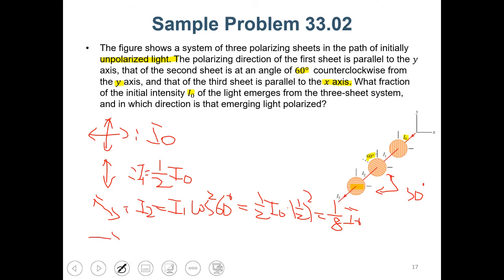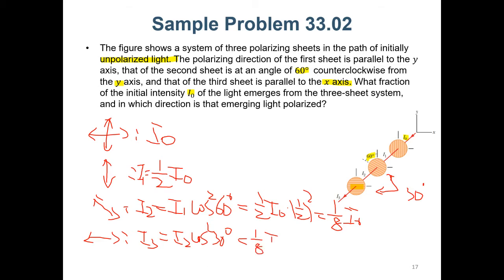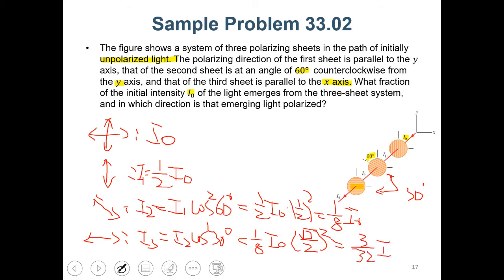It turns out the light should be horizontally polarized, and I3 is I2 cosine squared 30 degrees, which is 1/8 I0 times (square root of 3/2) squared. So it's 3/4, which means 3/32 I0.